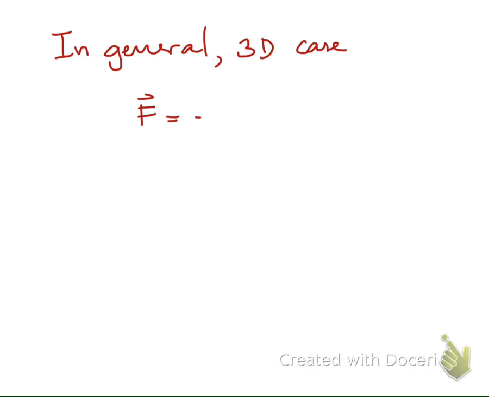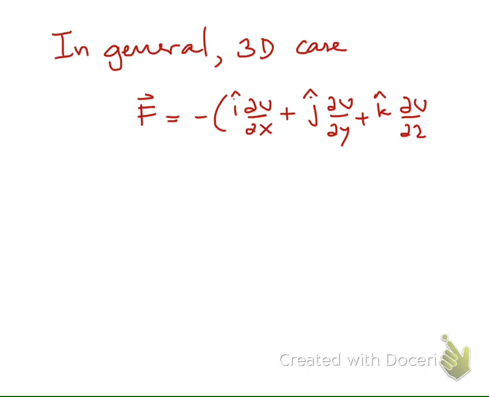In the general, 3D case, we have that the conservative force can be expressed in terms of the potential energy as minus i dU by dx plus j dU by dy plus k dU by dz.